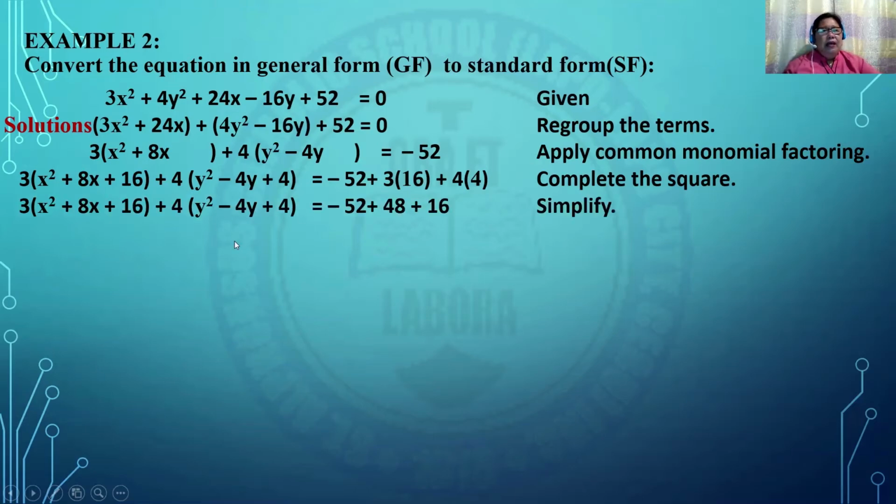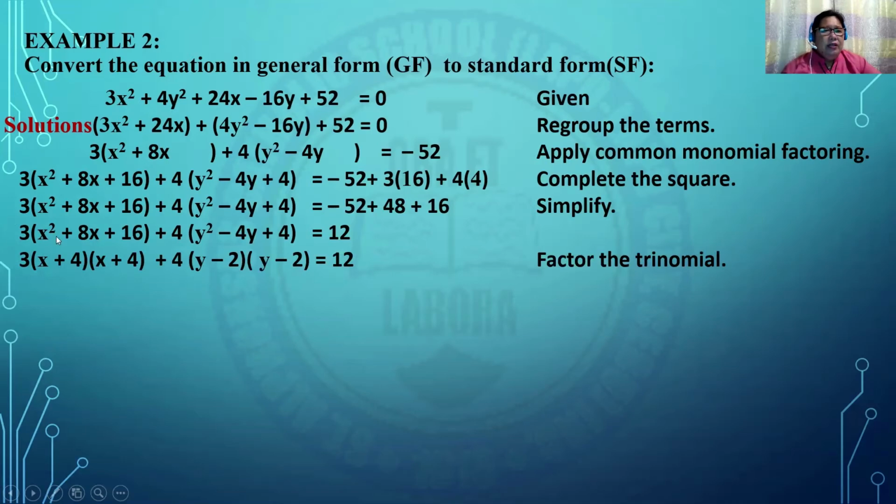So simplify. On this side, you have 3 times 16 is 48. 4 times 4 is 16. And simplify further. Negative 52 plus 48 plus 16 equals 12. And then you can factor x squared plus 8x plus 16 into x plus 4 times the quantity x plus 4.